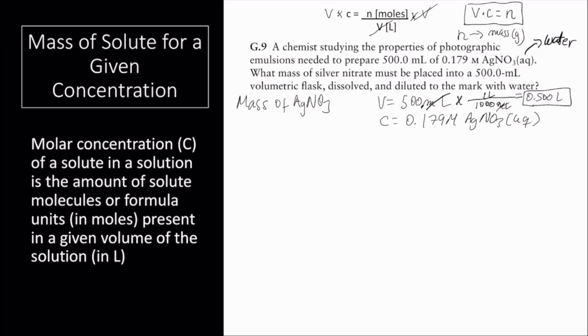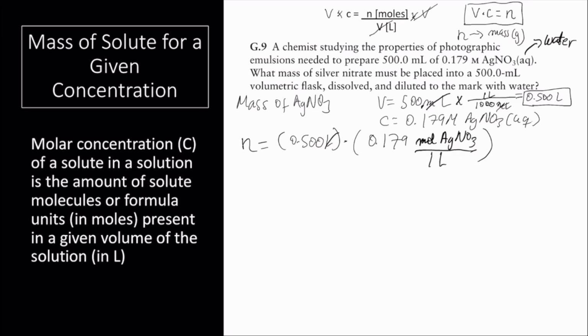Okay, so let's first find the number of moles of silver nitrate that we need. The volume is 0.500 liters, and we multiply times 0.179 molar, which is moles of silver nitrate for 1 liter.